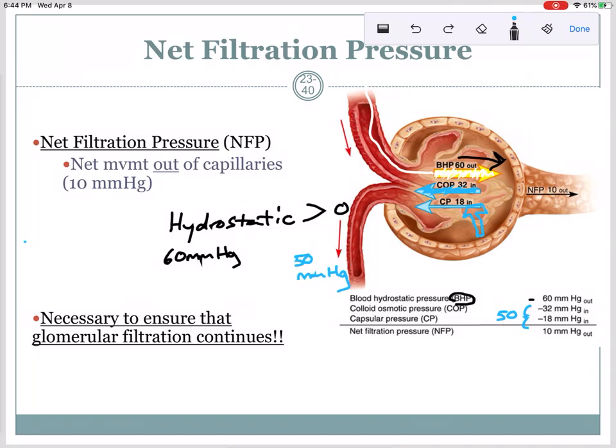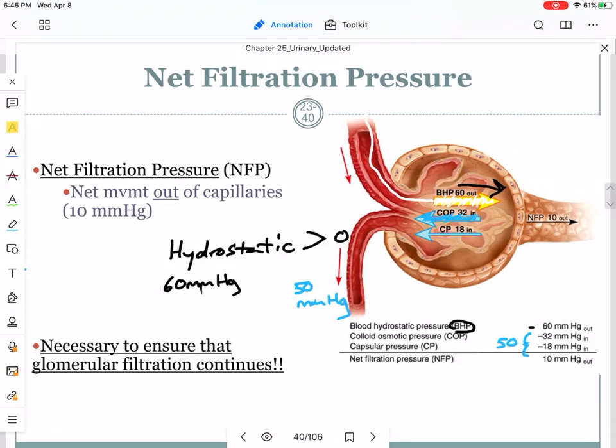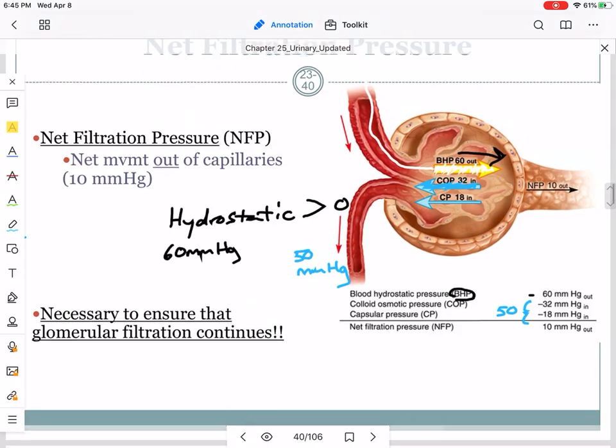Then we're going to lose the ability to filter blood out. And basically, the kidney function will cease. But we'll talk about that more later. We just want to know that the hydrostatic pressure should be greater than the osmotic pressure. And that's what keeps the kidneys able to filter blood.